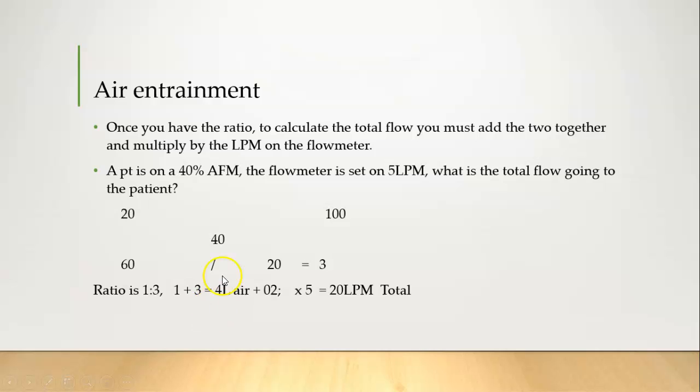So that would be 4 total liters of air plus O2, right? Now, the flow meter is set at 5. So if we multiply this total of 4 parts times 5 liters, we get 20 liters as the total flow.